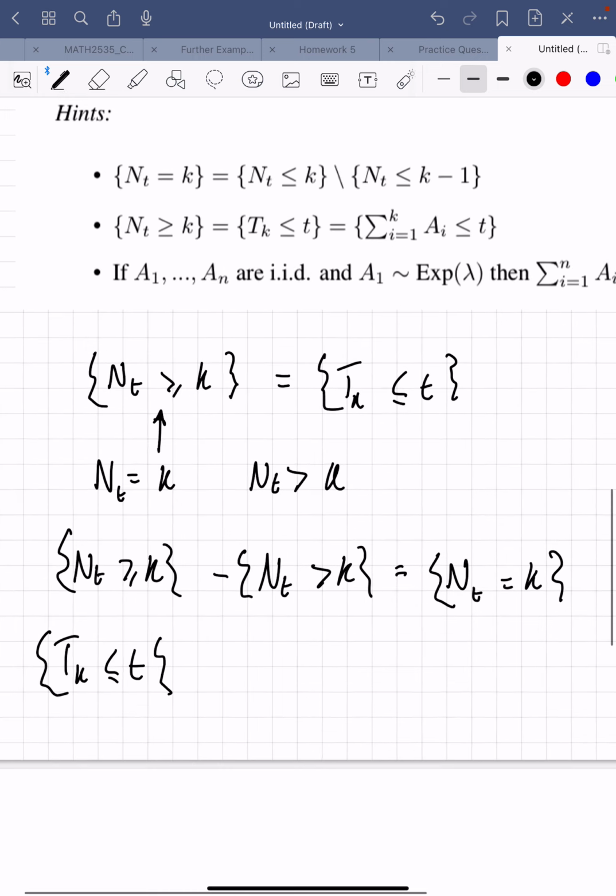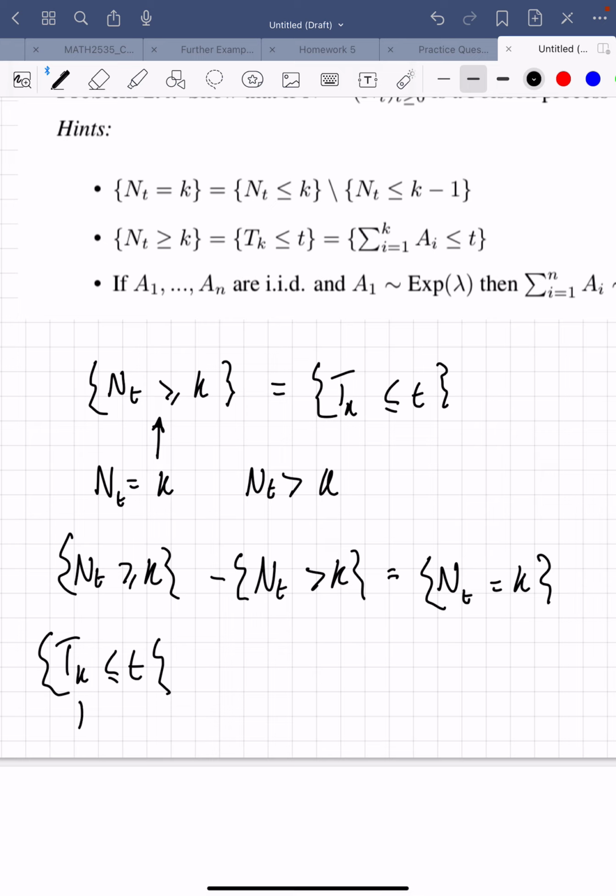So what this is saying is that at event k, say we have a value of time t, the time that event k occurs is before or equal to the time t.